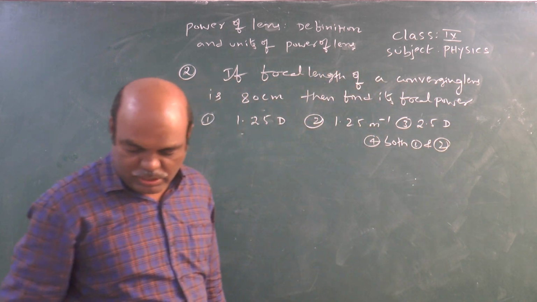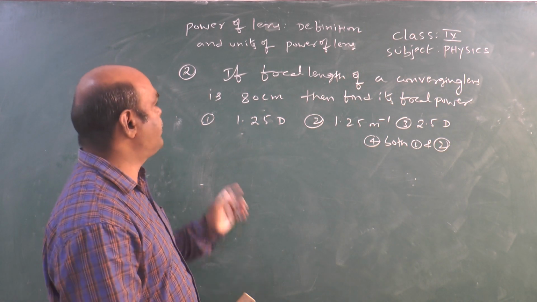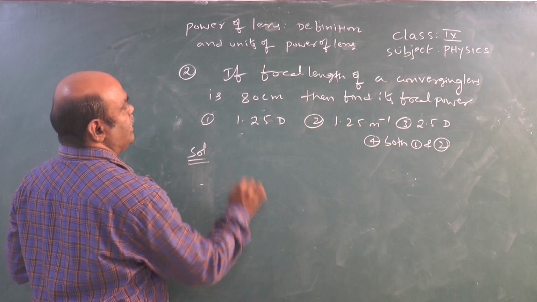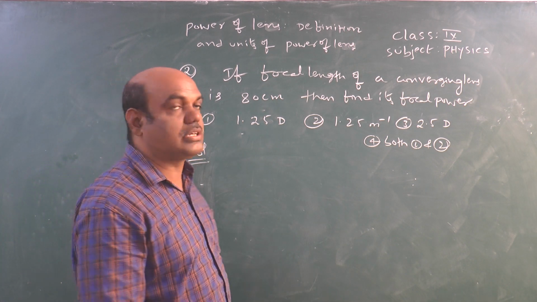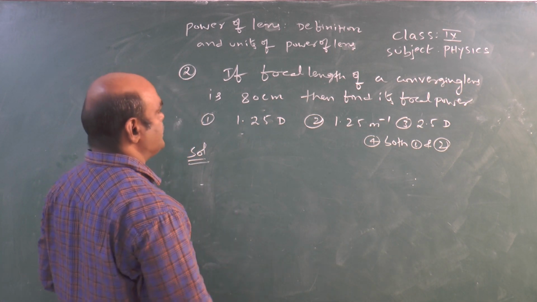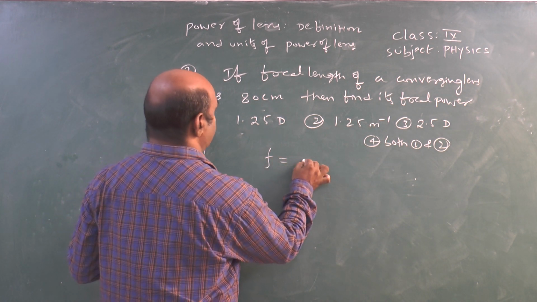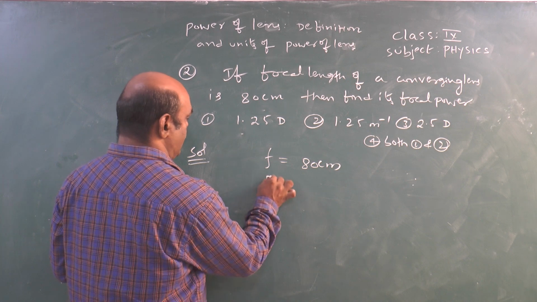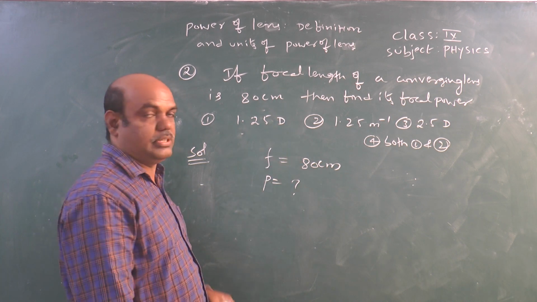So in this problem, what is given here? The focal length of a converging lens, meaning convex lens. The focal length is given, f equal to 80 centimeter. Find focal power, so P equal to question mark.